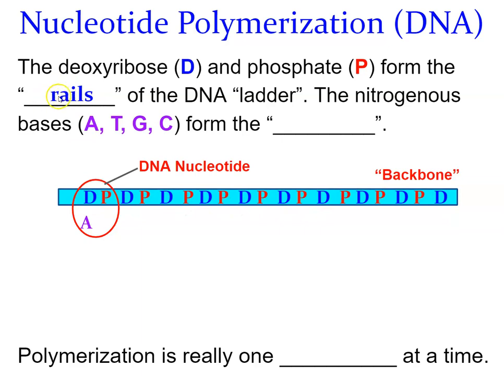So it's either the rails of the ladder or the backbone of the polynucleotide, made up of alternating deoxyribose phosphate all along, and that part of the polynucleotides is the same in all DNA molecules. What's different in all DNA molecules is the sequence of nitrogenous bases that are associated with each of these nucleotides.